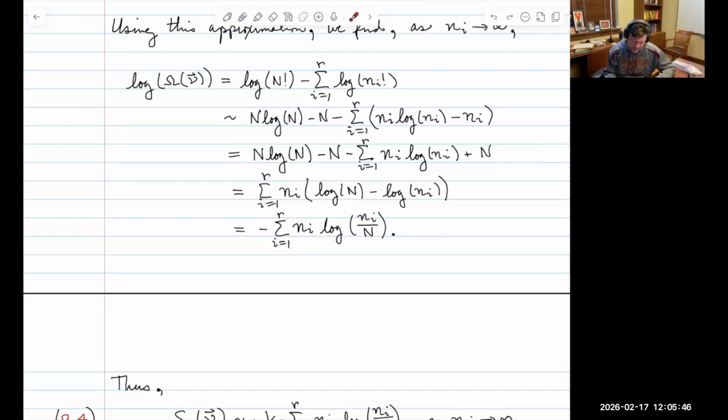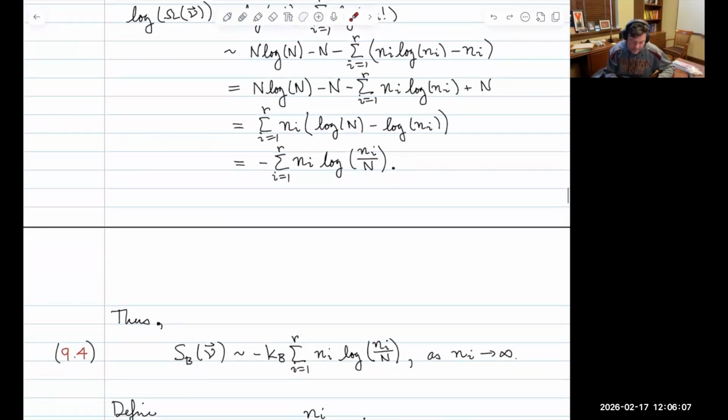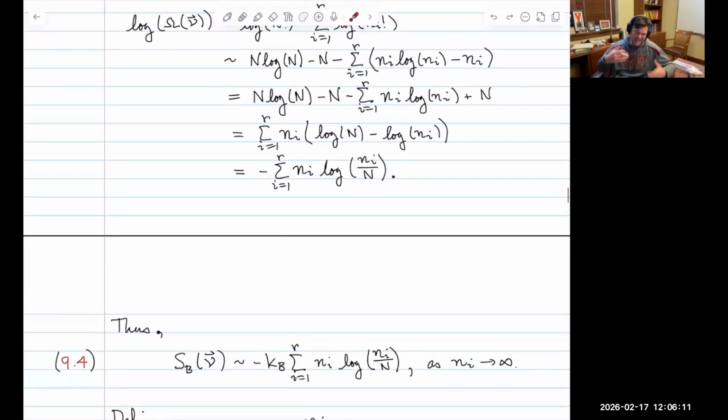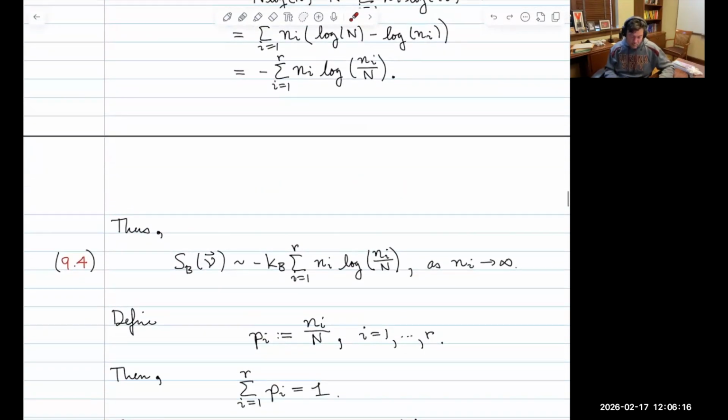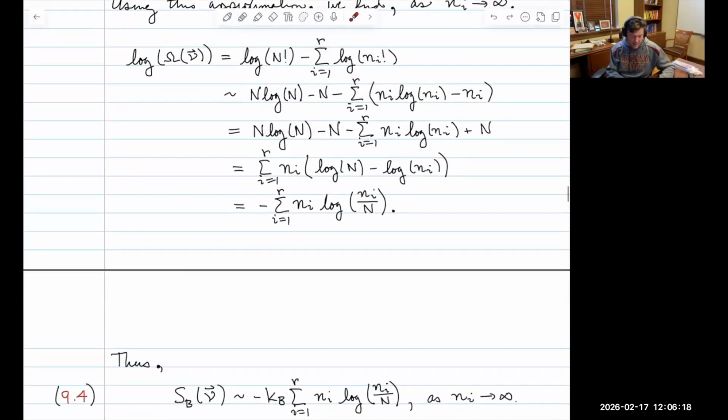This is nice here because the number is kind of already unitless, but if I divide that unit of number by another unit of number, that gives me a unitless quantity. We're going to see again and again that we want to make sure that the argument of the log is always a unitless quantity. It is here by default, but it's nice to see this pattern because we're going to repeat it a few times. So what is the result of our approximation?